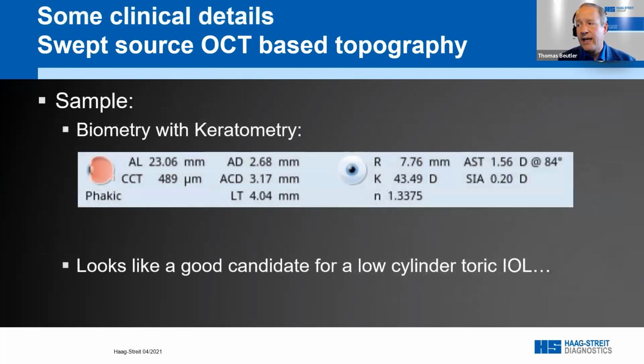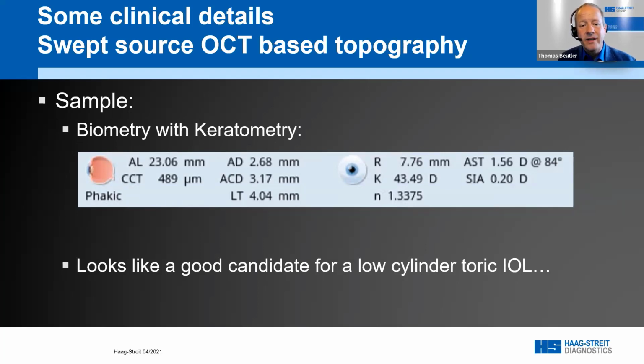Now have a look again at one example here. We have a pretty standard patient, an eye length of 23.06 millimeters, normal anterior chamber depth, about 3.2 millimeters. The cornea is rather thin, but still okay. It's a non-altered cornea, so that's not a post-LASIK patient. If you think, oh, that's a thin cornea, no, it's a normal cornea here.